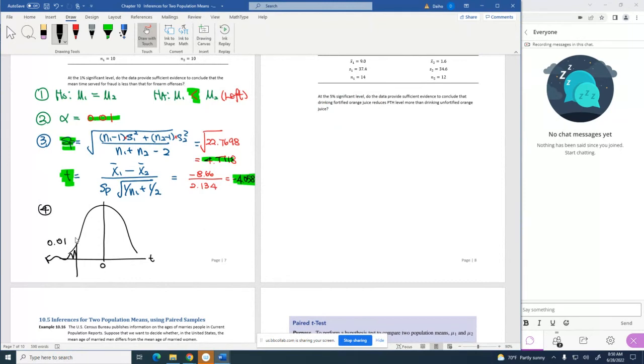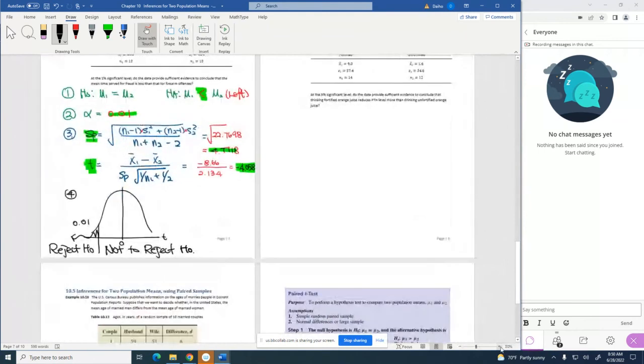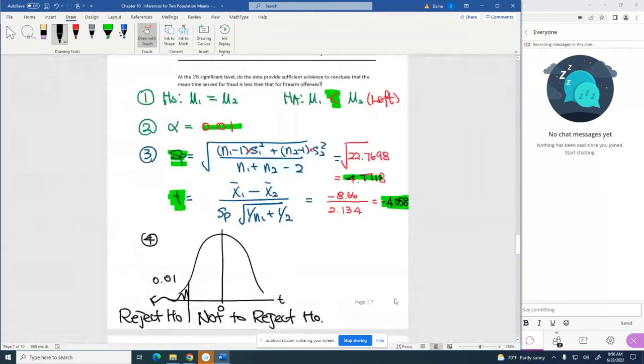In the left, reject the null hypothesis. Right, not to reject the null hypothesis on the other side. But how much was the test statistic?